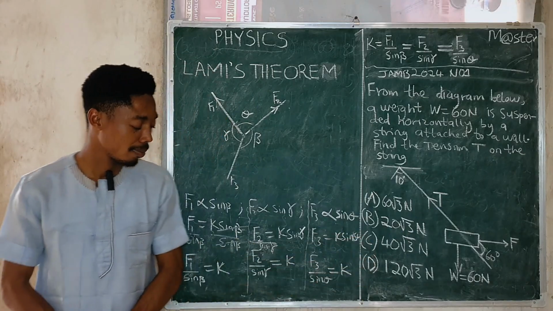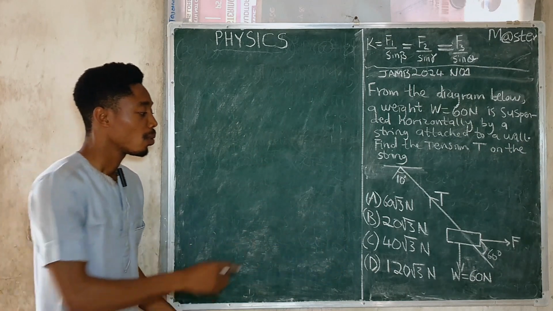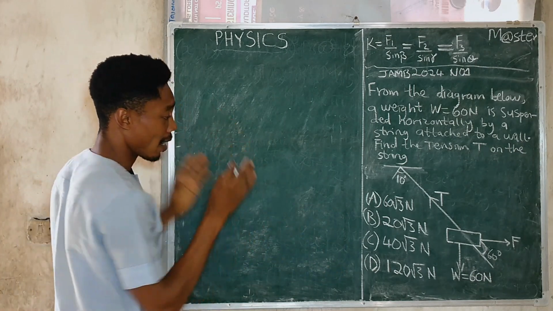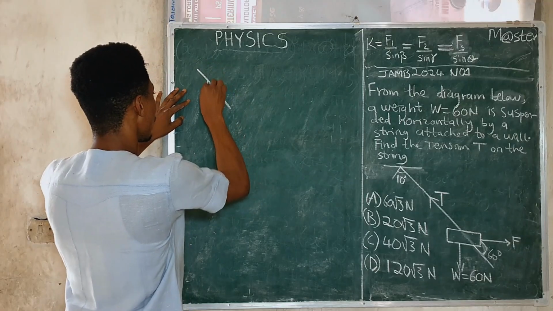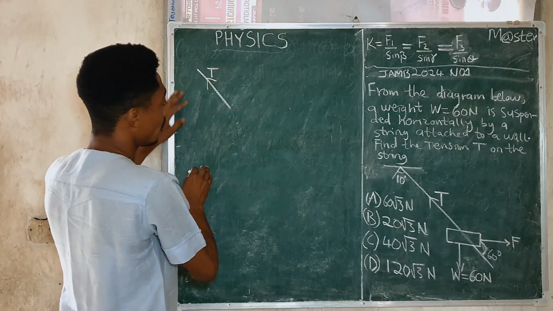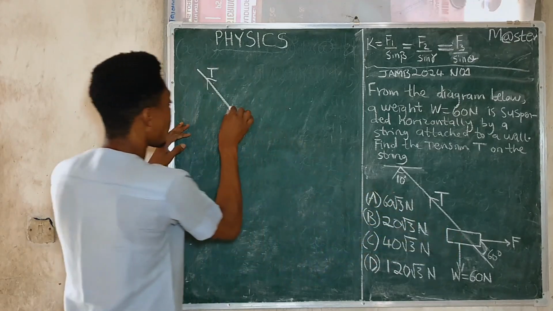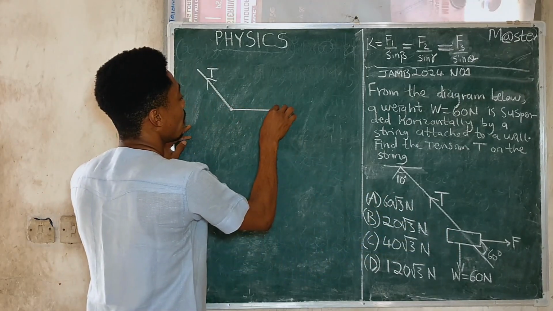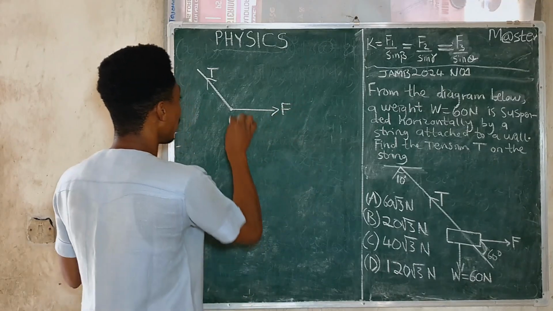Let's move. So from here, we would have it that as a sketch, we have a tension T acting at a point. And from that point, we have a force F acting horizontally.